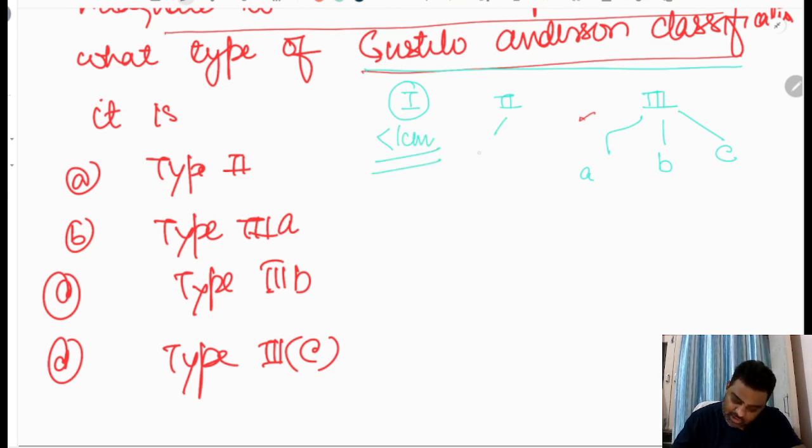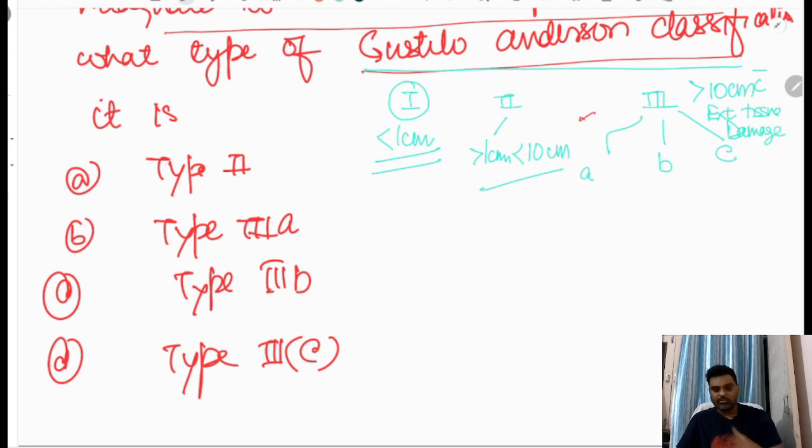If the length is more than 1 centimeter but less than 10 centimeters, it is type 2. And if it is more than 10 centimeters with extensive tissue damage, it is type 3.